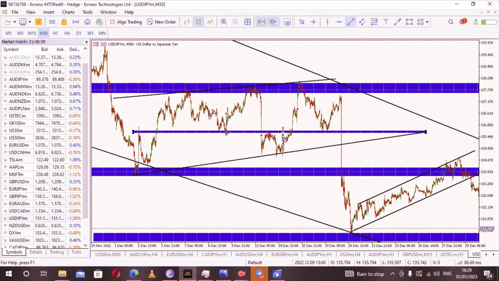So within this whole setup, I had something of this nature as a continuation pattern, because I told you guys that if you're in a downtrend, we make sure that we look for sell opportunities.